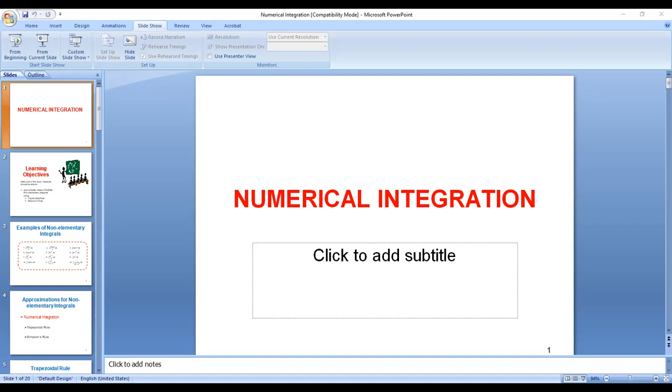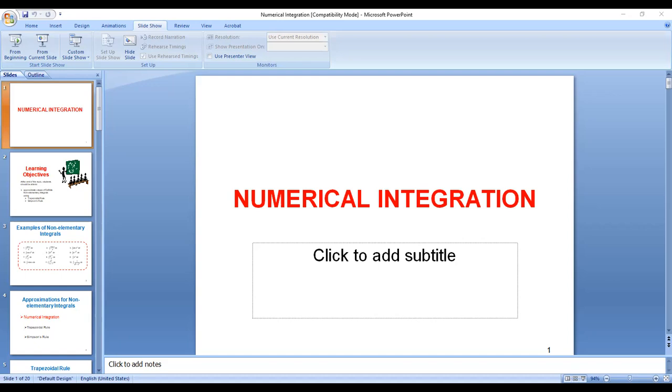Now, what are examples of non-elementary integrals? Integrals that could not be processed using the techniques that were discussed to you just last term. So these are examples. Sine of x over x dx is a non-elementary integral, just like cosine of x over x.